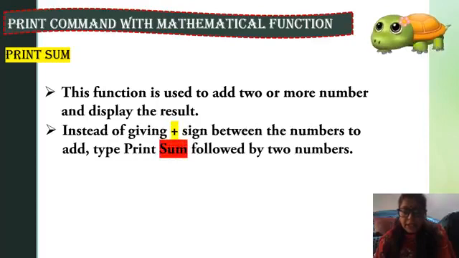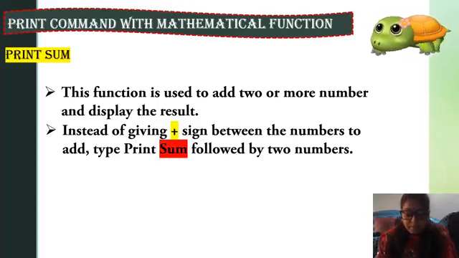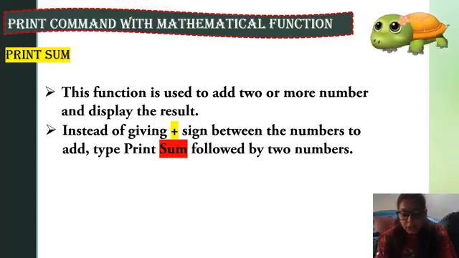Then instead of giving a plus sign when we do the calculation, that time we add a plus sign in between the numbers to add. Here you have to type print space sum, S-U-M, followed by two numbers. A space should be given between the numbers.